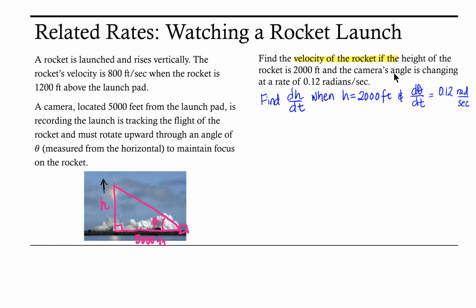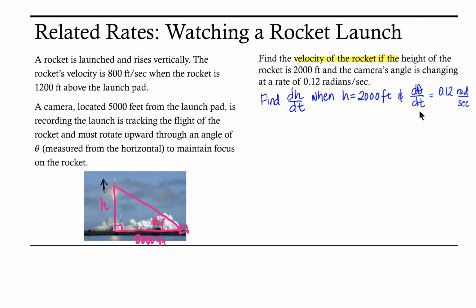Okay, so we need to start with an equation that relates the height of the rocket with the angle of the camera, so that when we apply our derivative to the equation, we can relate the rate of change of the height to the rate of change of the angle.